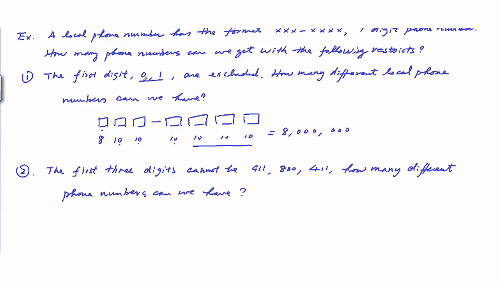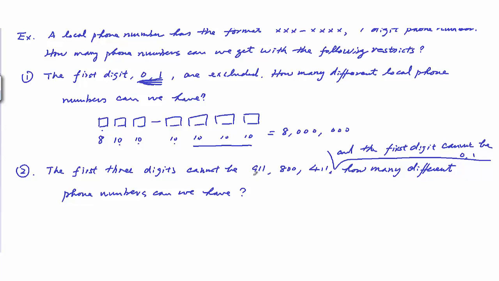Of course, we also need to consider 0 and 1 there. So let's include the restriction on 0 and 1: the first 3 digits cannot be these, and the first digit cannot be 0 or 1. Then how many phone numbers do we have?